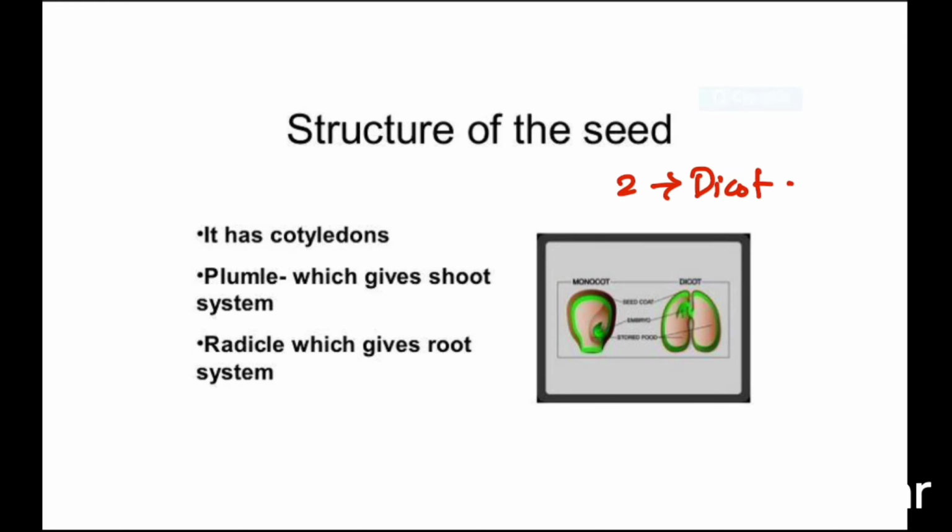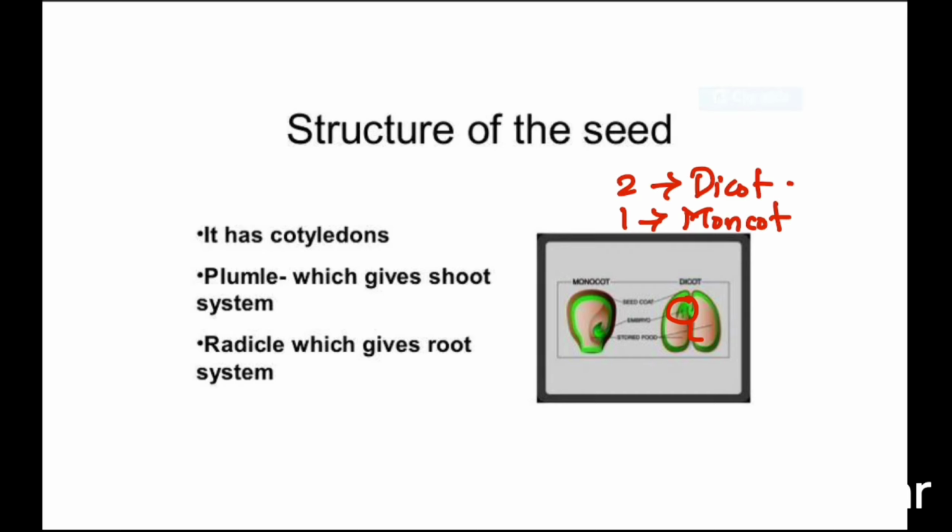If the cotyledons are 2 in number, it is a dicotyledonous plant or dicot, and if there is only 1, it is a monocotyledonous plant, or simply a monocot. The other structure is the embryonic axis, with a shoot-like structure and a root-like structure.